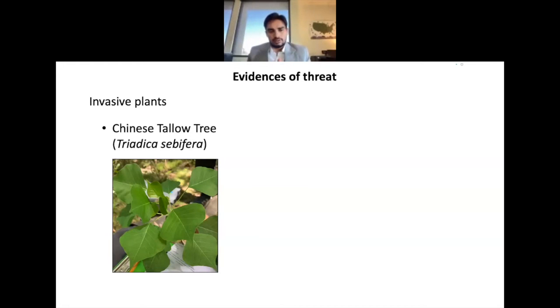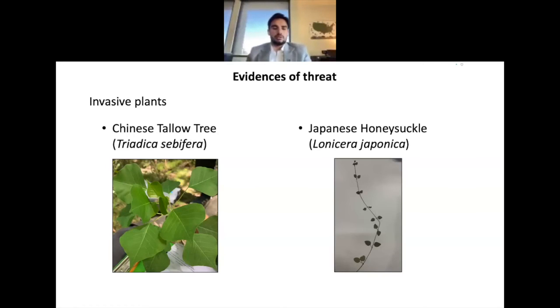This is from a study carried out on the tallow tree and the pine trees, but it's not related to Bartonia, our species of interest, because we do not have enough information about our species, and nobody has studied the relationship between this invasive plant and our species of interest.